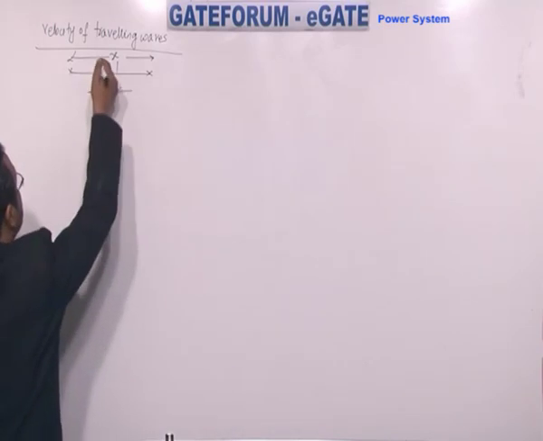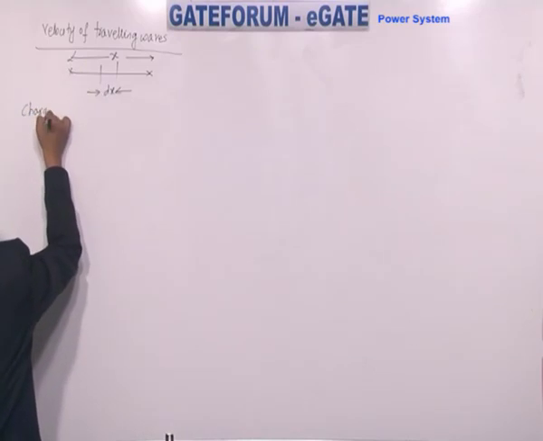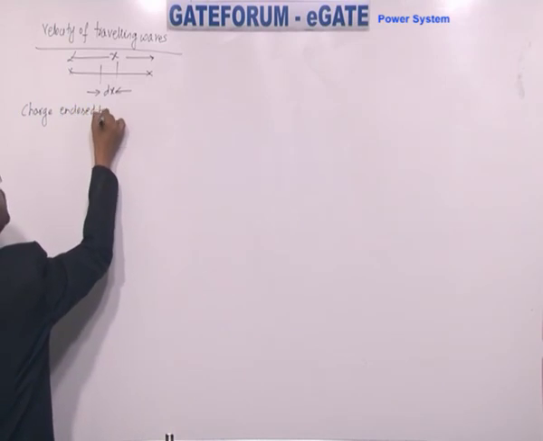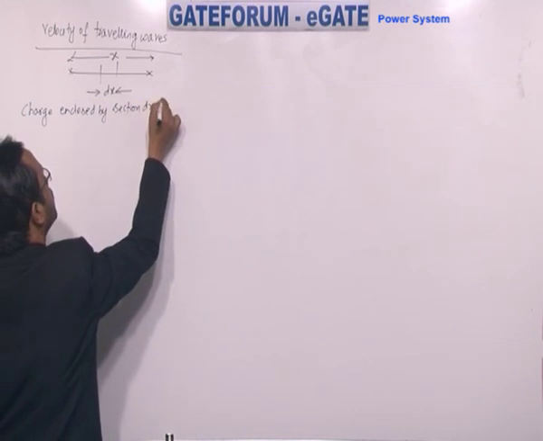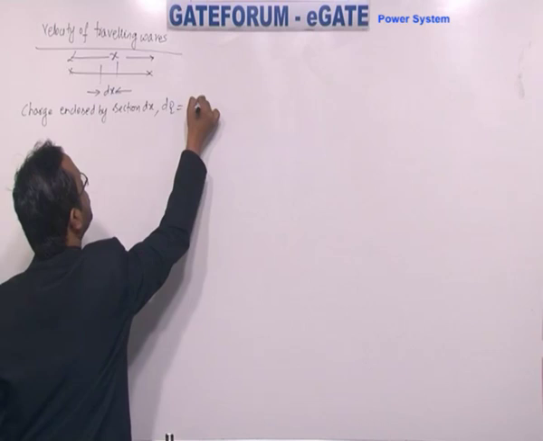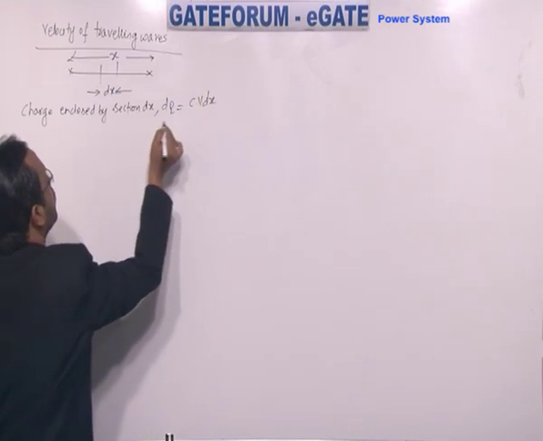So first we mention the total charge enclosed by the section dx. How to write? dq equals C into V dx.